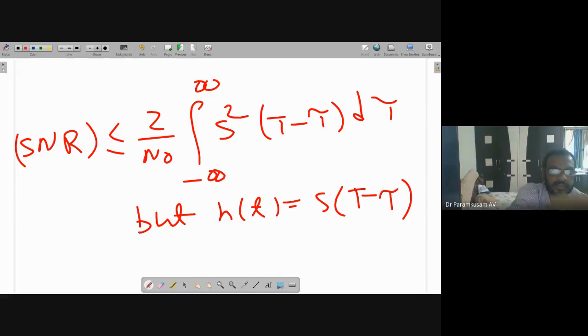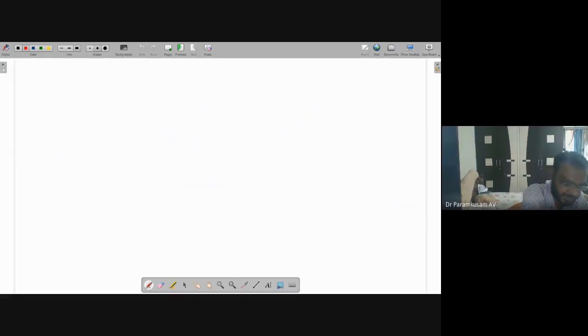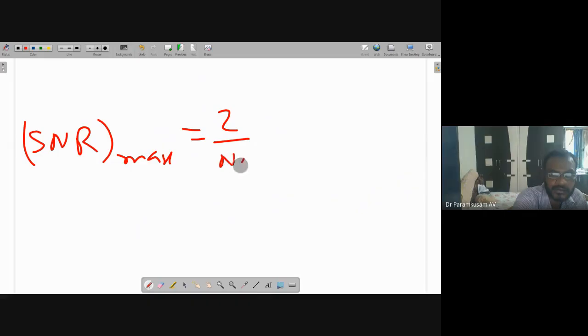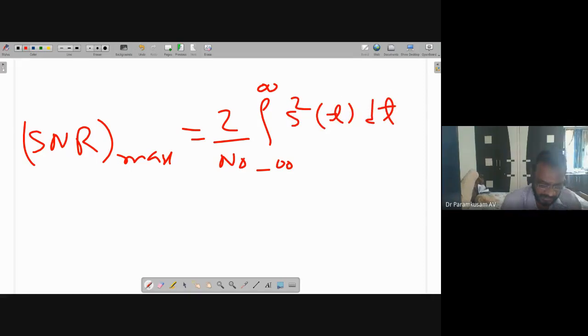So then SNR maximum is equal to 2 by n naught integral from minus infinity to plus infinity of s square of t dt.